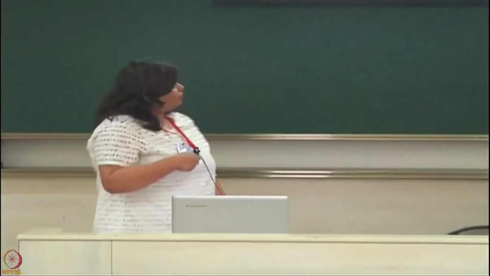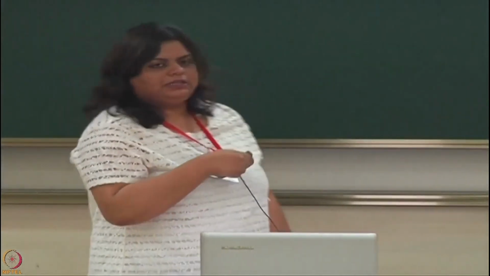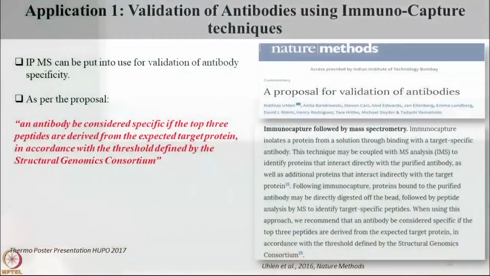You can do an immunocapture and see whether the top 3 peptides coming up after mass spectrometry are of the protein of your interest, in this case STAT3. Whichever antibody is more specific will give a higher number of peptides, or the top hits would be from the protein of interest. So for validating an antibody, they have proposed a panel of many studies, and one of them is immunocapture.